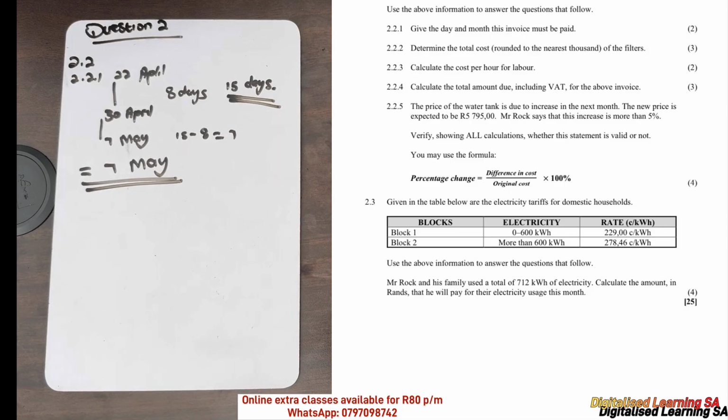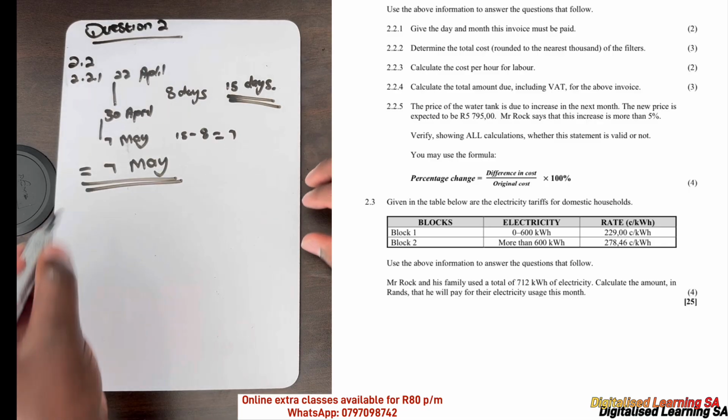Okay, so now let's move to our next question, which is question 2.2.2. Question 2.2.2 says determine the total cost rounded to the nearest thousand of the filters. So we need to determine the total cost of the filters.